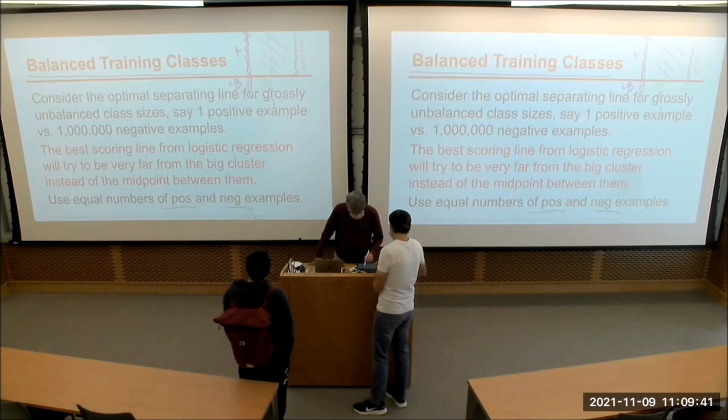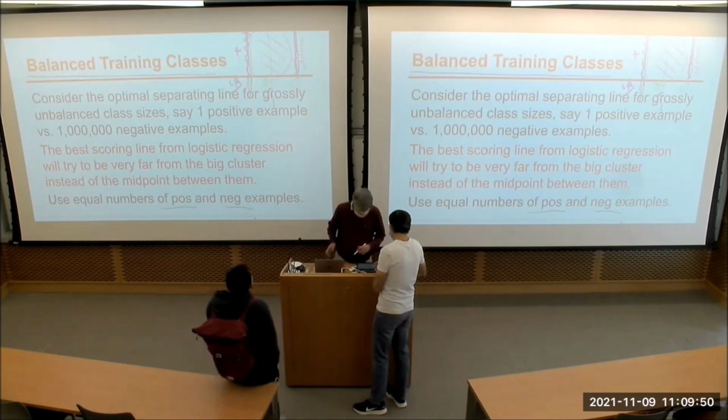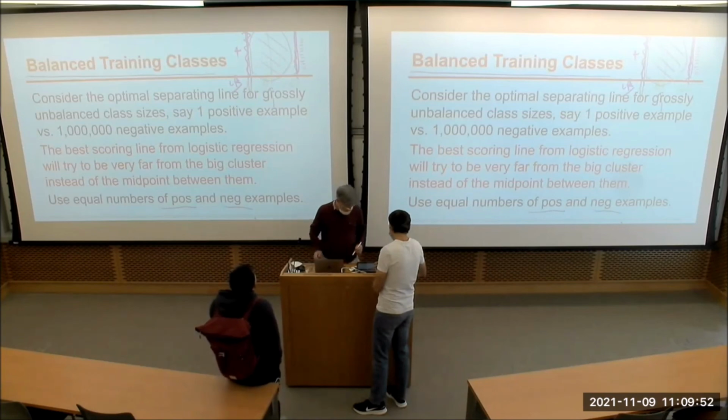But what are you doing? If you're drawing this line, you're saying that all of this is going to be cancerous. Conceivably you'd like that, but you're giving an awful lot of weight to this one example.